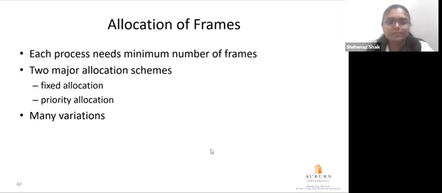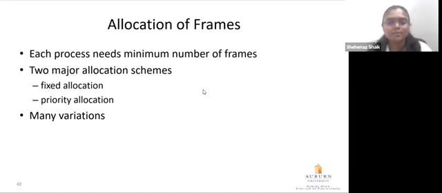So far we have been talking about a situation where we have allocated some number of memory frames to a particular process. Whenever there is a need for a new page, we have discussed how one of the pages that we already have can be identified for replacement.